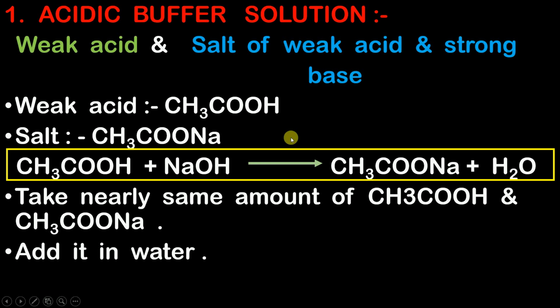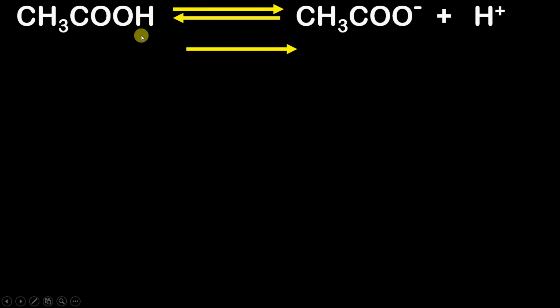But now guys, what happens is that when you add it in water, as we all know, CH3COOH is a weak acid. So since it is a weak acid, therefore obviously it is a weak electrolyte. And since it is a weak electrolyte, therefore it dissociates partially into CH3COO minus plus H plus ions.